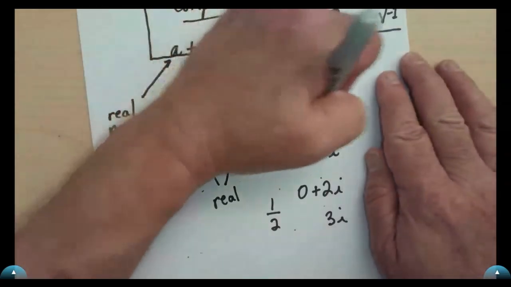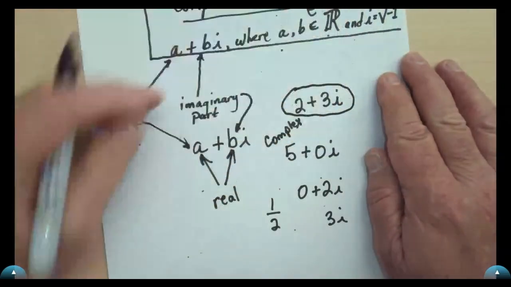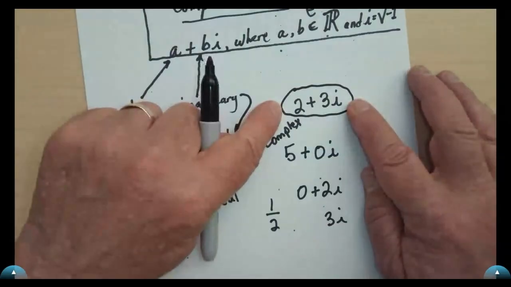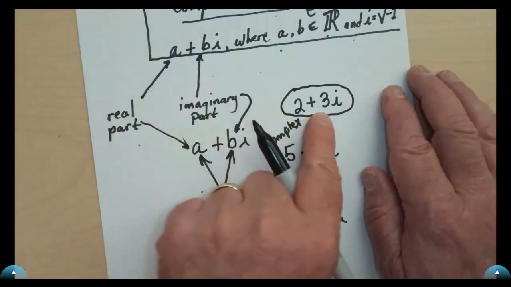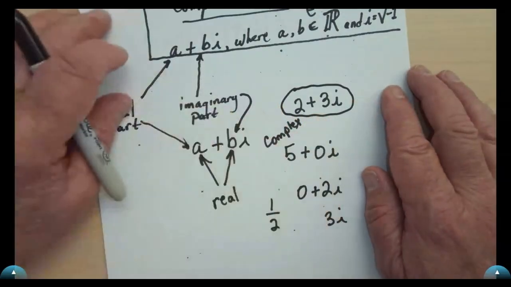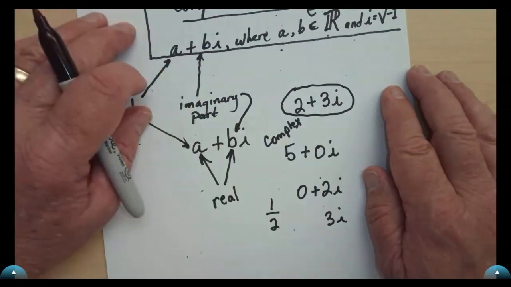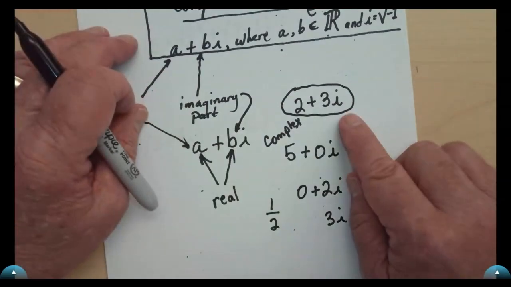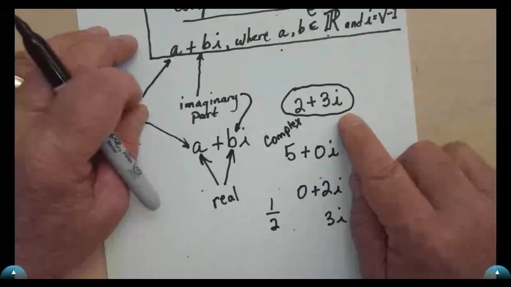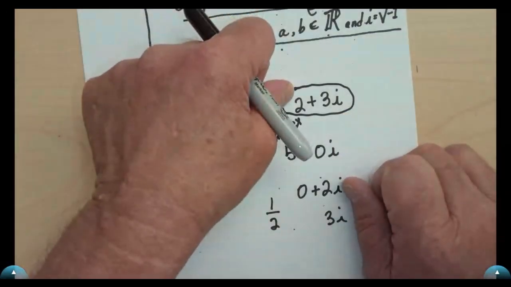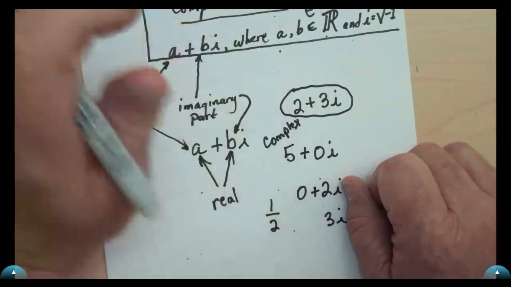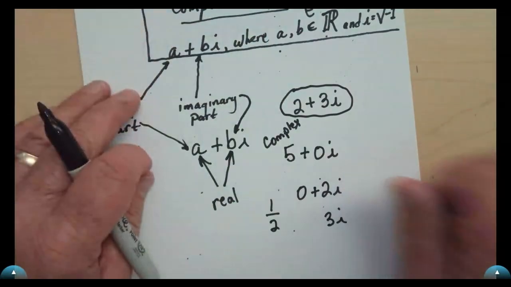Then we have numbers like these. These are complex numbers that are not real numbers because they have a non-zero imaginary part. It actually would not be proper to call these imaginary numbers because they have a non-zero real part. At best, we've got a couple of options.